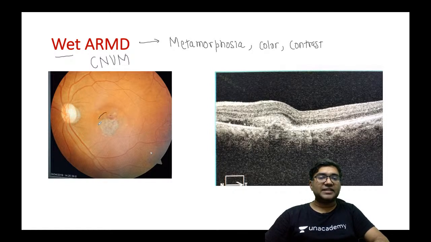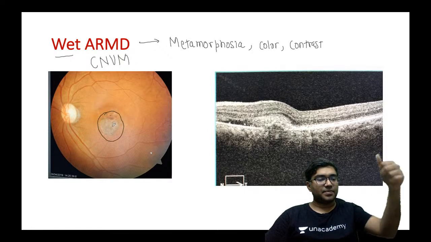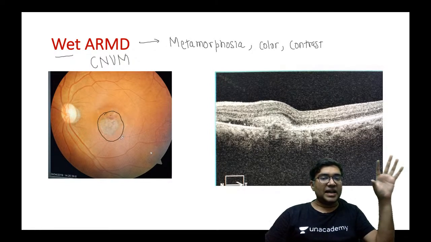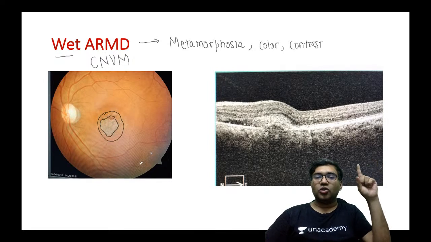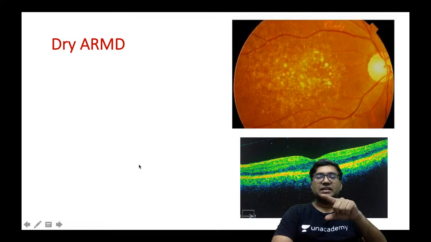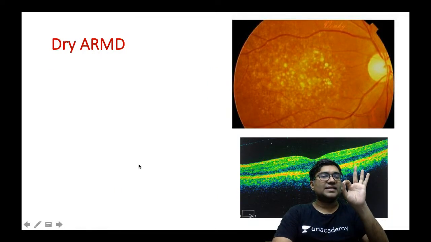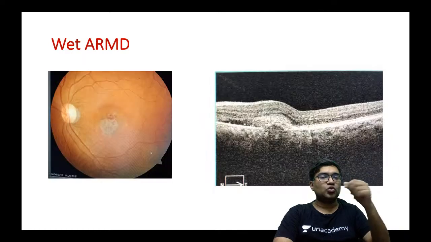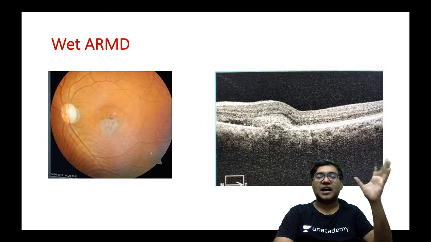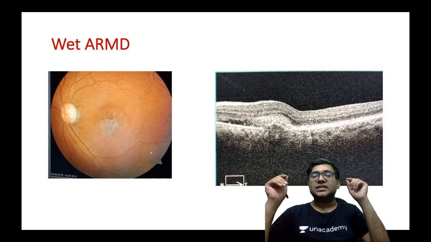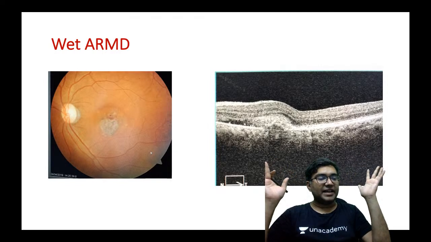Can you appreciate this scar? Everyone, give me a thumbs up. So Abhinaya, if you can appreciate, there is a scar here, the hyperpigmented scar you are seeing. Do not confuse it with dry ARMD where you are seeing the drusen. So you are seeing yellowish structures in dry ARMD and you are seeing a reddish blackish scar at the level of the macula in wet ARMD.